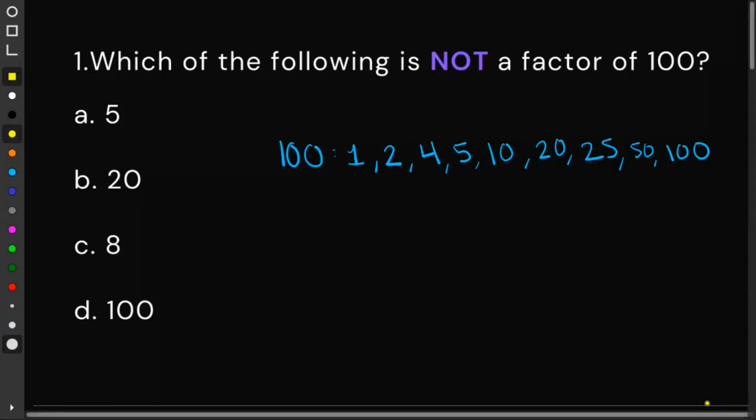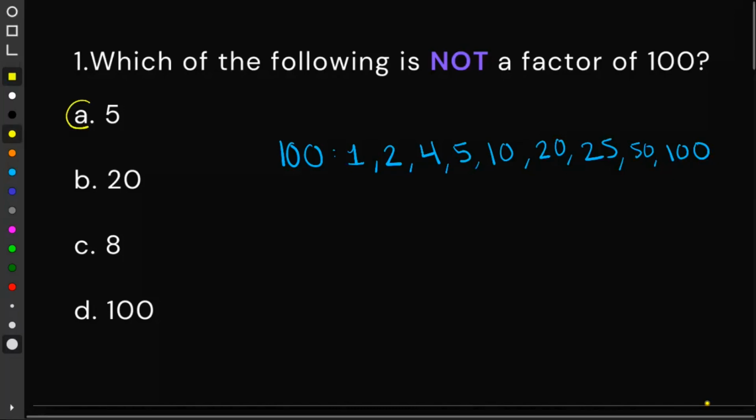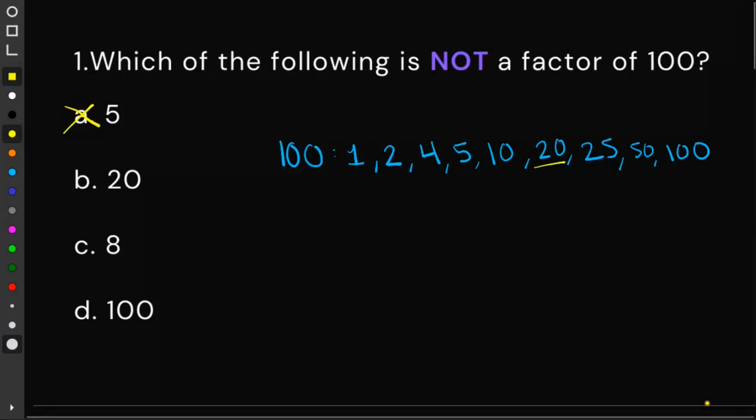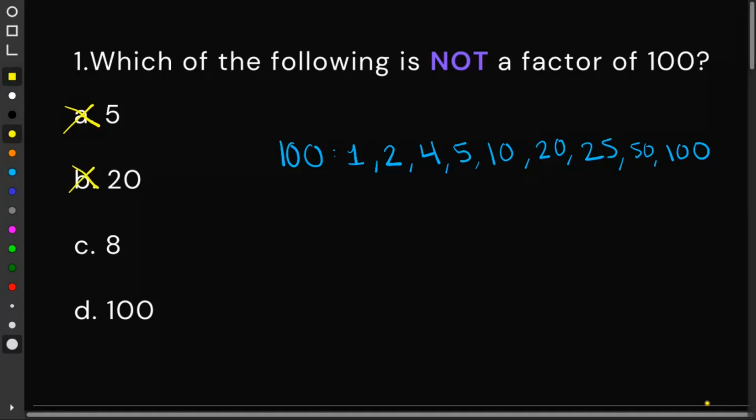So for 5, clearly 5 is over here, so we circle that, we cross that out. For 20, 20 is also here, so we cross that out, since we are asked which among is not a factor.